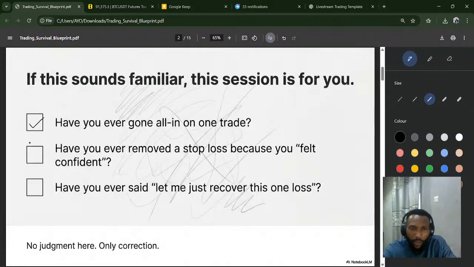All right. Have you ever removed a stop loss because you felt too confident? I'm also guilty of this. I did that, really, also recently. I felt too confident and removed my stop loss. Yeah, the human factor always sets in. So you need to remove emotions when you're trading. The market doesn't care about your emotions. The market is not your friend.